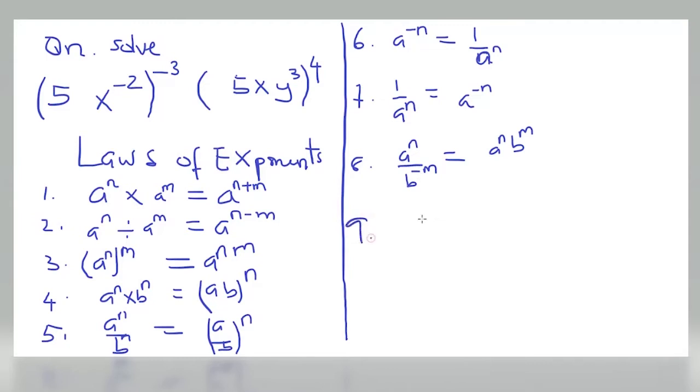Another one is if you have (a/b)^-n, this can also be written as (b/a)^n. So b will come at the top and a at the bottom. Then this one is a positive exponent. So instead of writing negative, it can be that one.